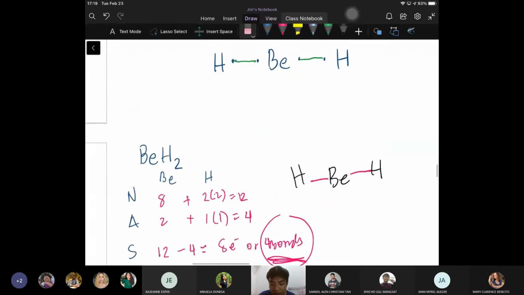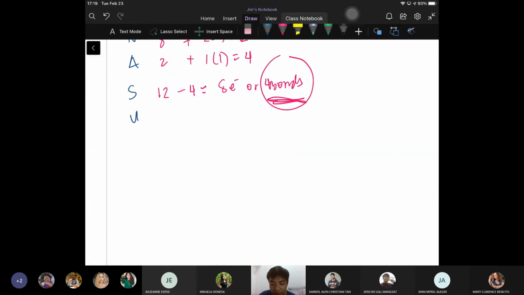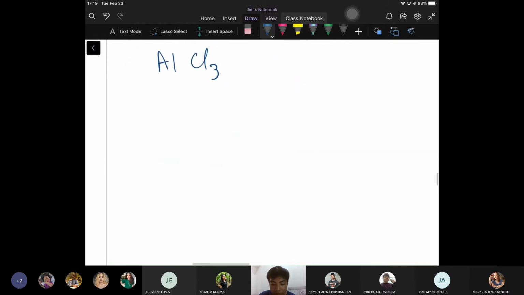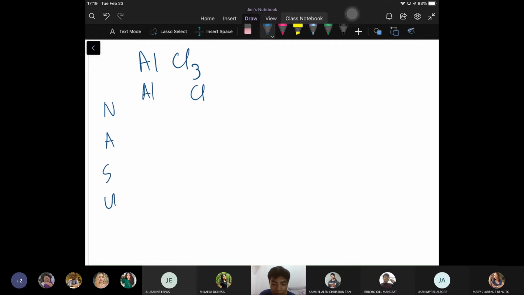For example, aluminum chloride, AlCl3. Try natin octet rule dito. Aluminum is in group 3. Chlorine, nasa group 7. Needed, 8 times 3, so that will be 8, 16, 24, 32 electrons. How about the available?